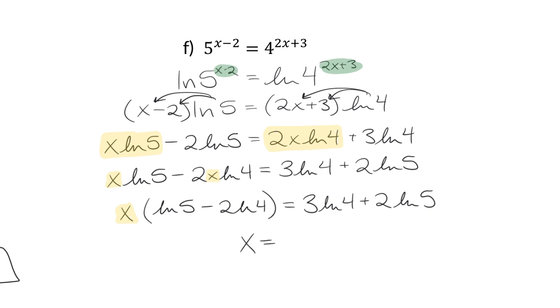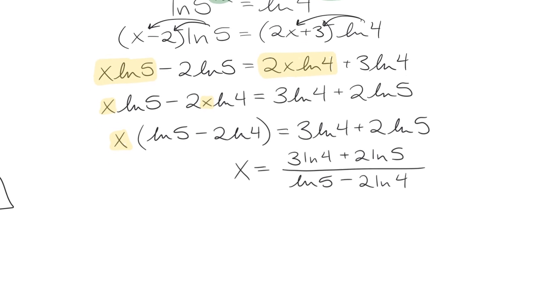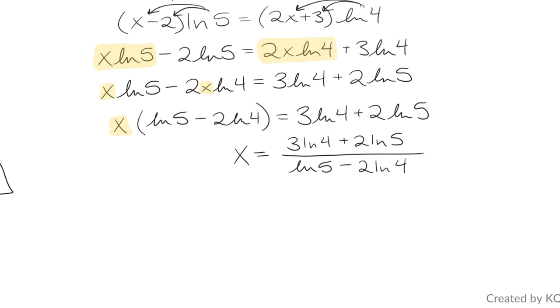Divide. Now if we divide the entire numerator, 3 times natural log of 4 plus 2 times natural log of 5, and we divide that by natural log of 5 minus 2 natural log of 4, we have isolated the x value. If it asks for this answer in terms of logs, this is what you return as an answer.